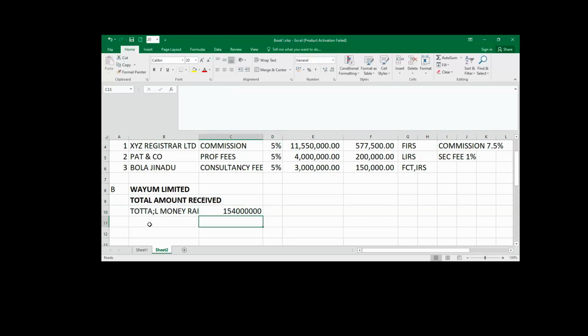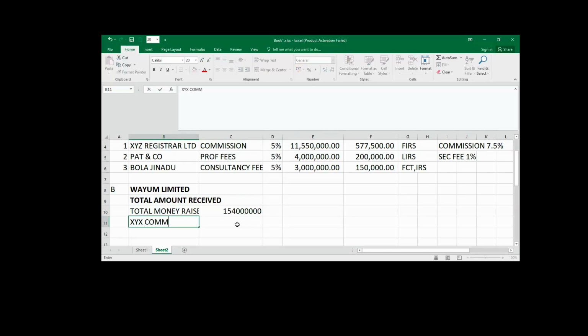Out of this 154 million, they are going to pay some people. Out of this total money raised, XYZ is going to collect commission.